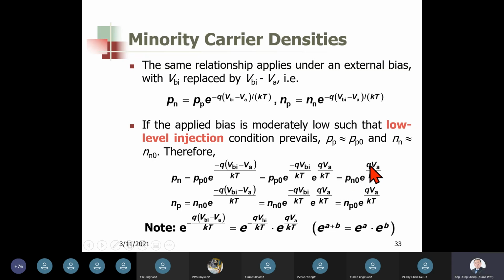And if the applied voltage VA is also known, then I will be able to determine the value of the new minority carrier concentration at the edge of the space charge region. So with this, one of the two boundary conditions that we try to determine is known.